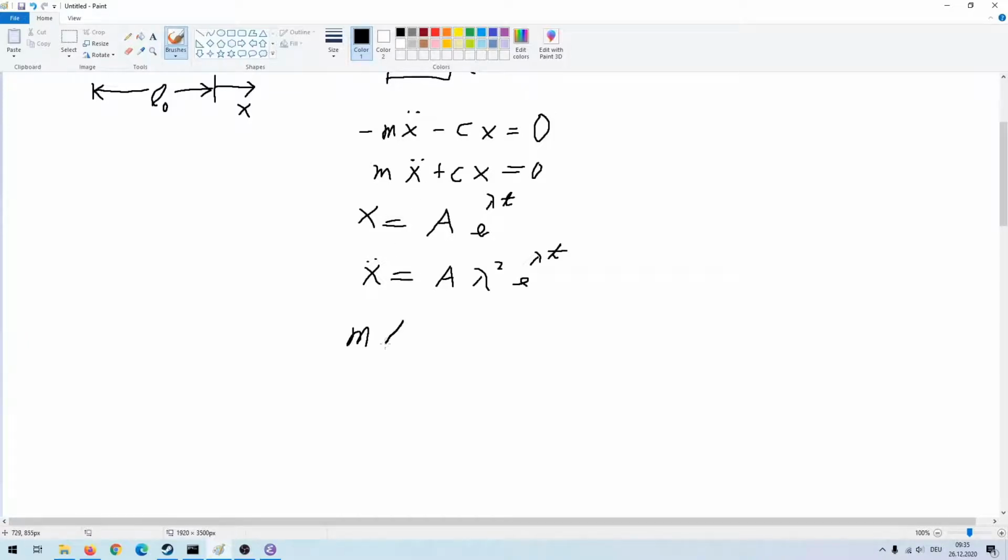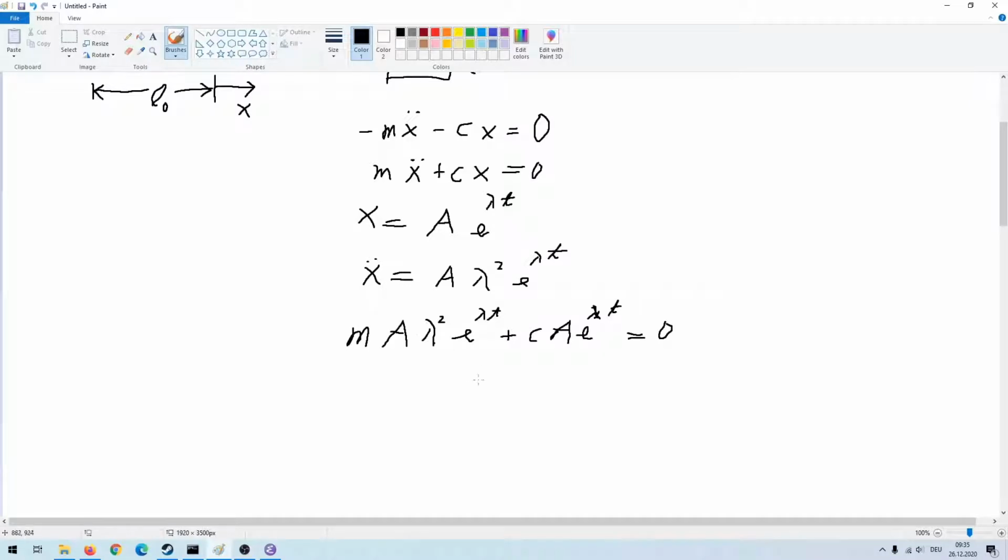So it's m times a times lambda squared e to the power of lambda t plus c times a and e to the power of lambda t. Oh, that's a lambda and not an x. And this is of course still equal to 0.